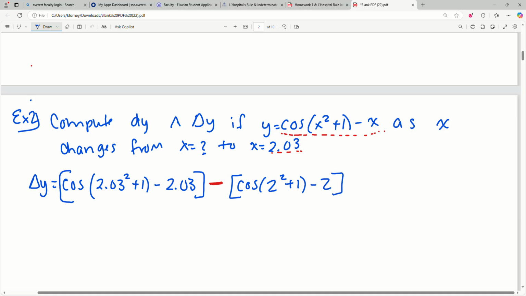Because delta y means change in y, we want to actually find the change in y.